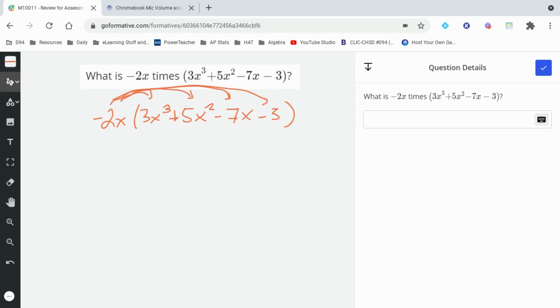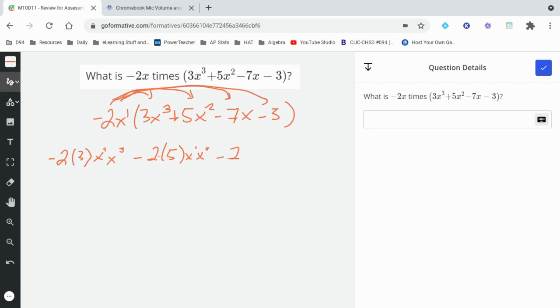Okay, so I have negative 2, and I write my coefficients together like this. And we've also recommended that with this x we put a little 1 there so we don't forget about it. And then I'm going to go minus 2 times 5 times x to the first, x squared.